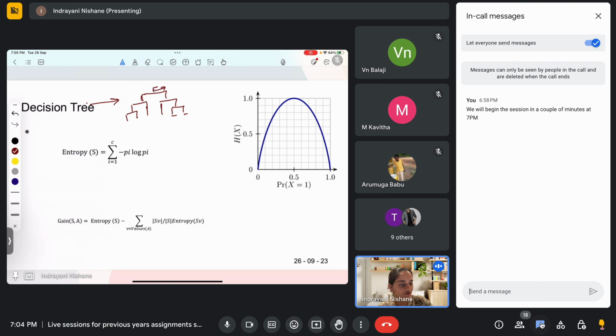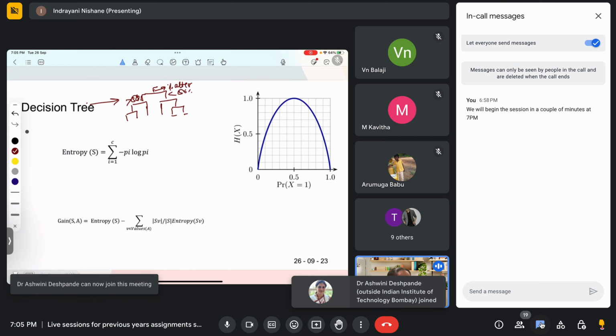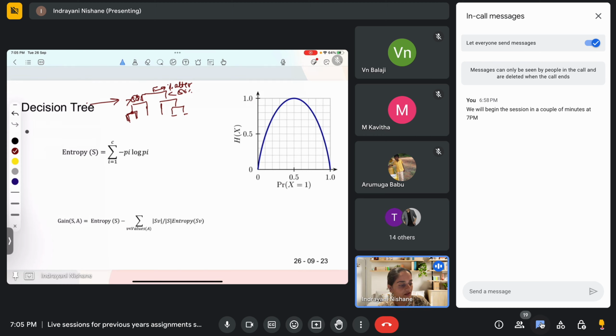There would be one condition, one rule: if attendance percentage is greater than 50%, then there would be another condition based on its possible values, and then another condition based on that particular condition's possible values. So how do we classify or predict? That's the decision tree: how do we decide into which category a particular student or a given set of features will be classified. That will be the output of this decision tree.